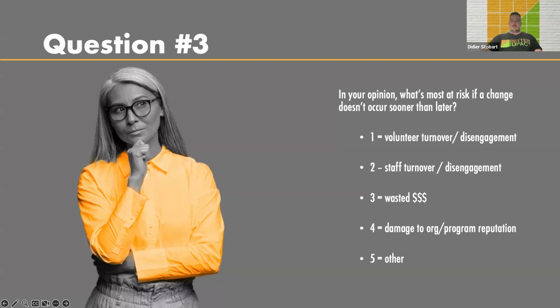Got number 1 and 2. Again, number 2 seems the most common, staff turnover and disengagement. Had a lot of number 1s just come in, so volunteer turnover, disengagement. So they're the most common. Volunteer and staff turnover is the most at risk if a change doesn't occur.